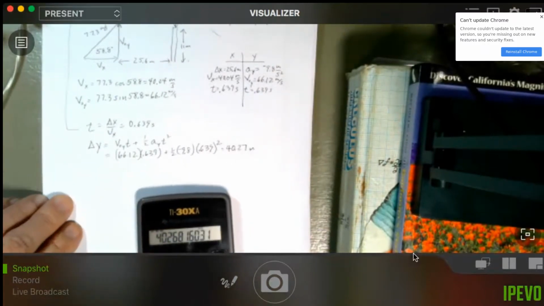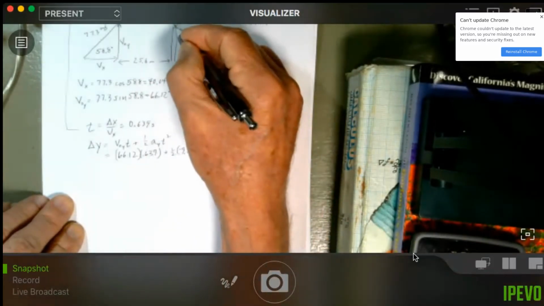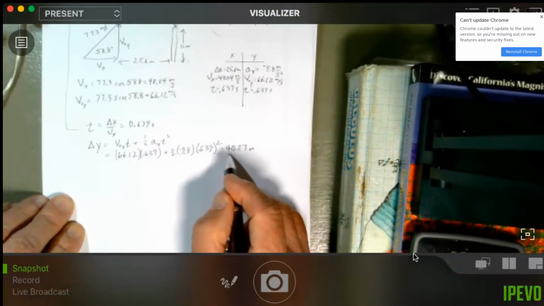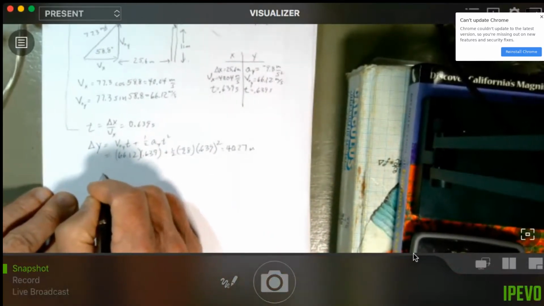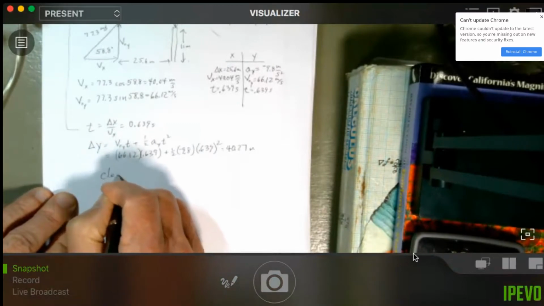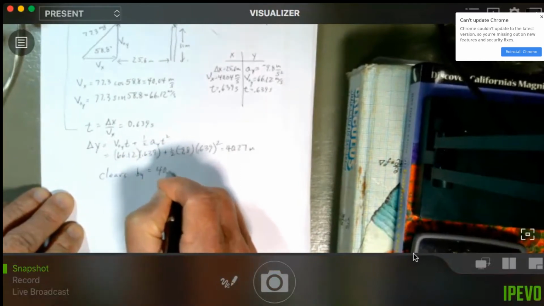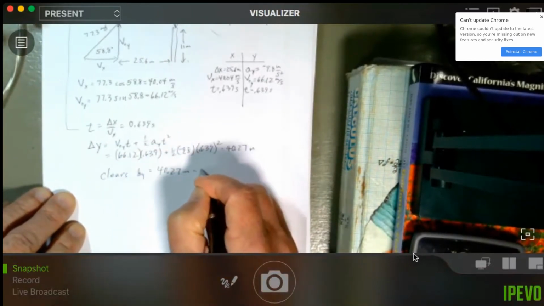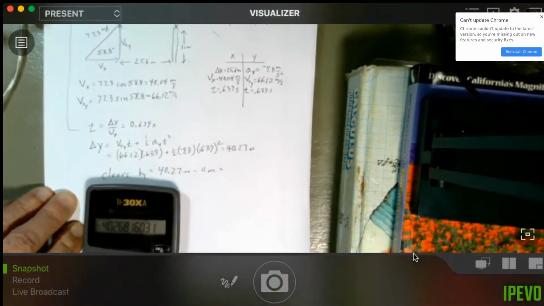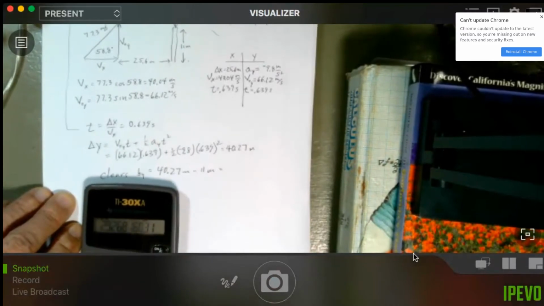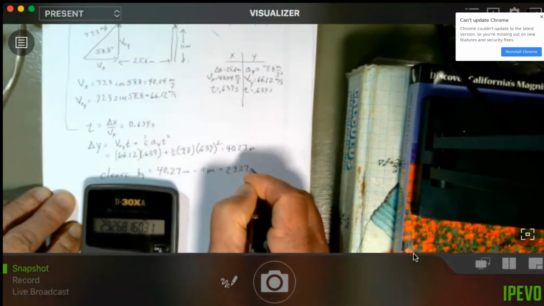Now that's the total displacement, but the amount that it clears by is going to be that total displacement minus that 11 meters. So the amount that it clears by equals 40.27 meters minus 11 meters, which is 29.27 meters.